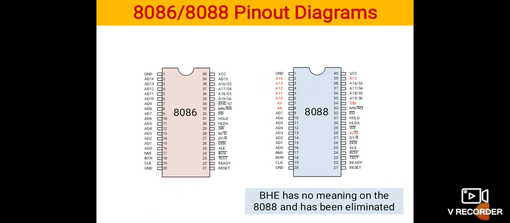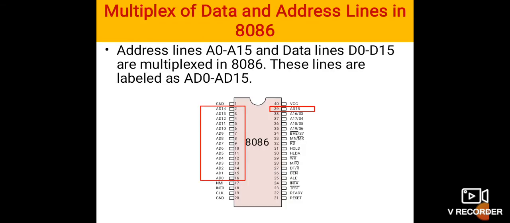We don't have bus high enable in the 8088, and it has no meaning with 8088, so it has been eliminated. Here you could see the address lines A0 to A15 and the data lines D0 to D15, which are multiplexed in 8086 and labeled as AD0 to AD15.